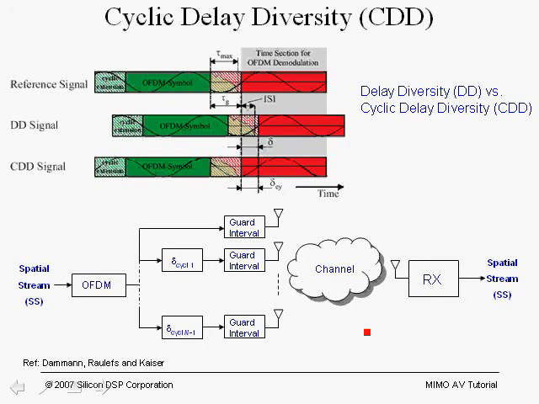So basically we've shown that cyclic delay diversity is a scheme in which by introducing a cyclic shift in the OFDM symbol we can achieve transmit diversity using multiple transmit streams, and it does not break the legacy system, in the sense that the multiple paths from the transmitters to the receiver, and the fact that the multipaths have a cyclic delay, can be modeled into the channel and are equalized by the receiver, so we don't have to change the architecture of the receiver in order to support cyclic delay diversity.